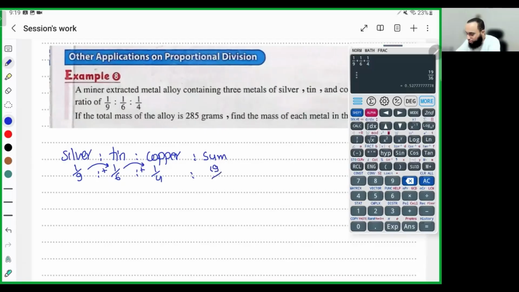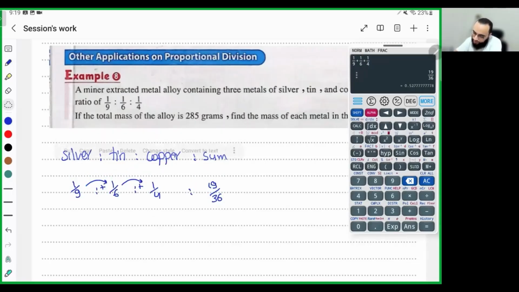The sum with the calculator is 19/36. Clear? We need this. And we have the actual sum, which is 285 grams. It's a black alloy.